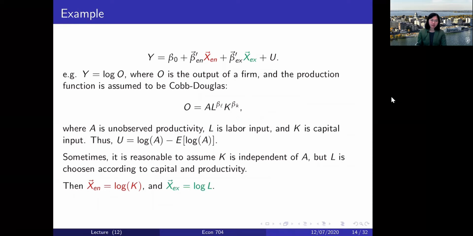Let's consider an example. Let's suppose that Y is log of O, and O is a random variable that stands for the output of a firm.